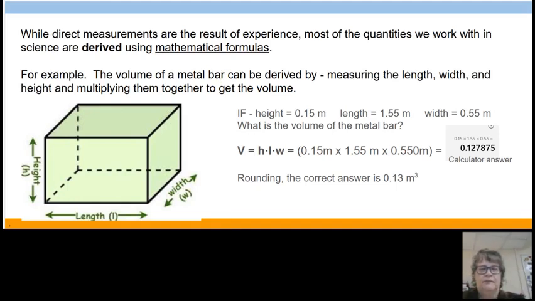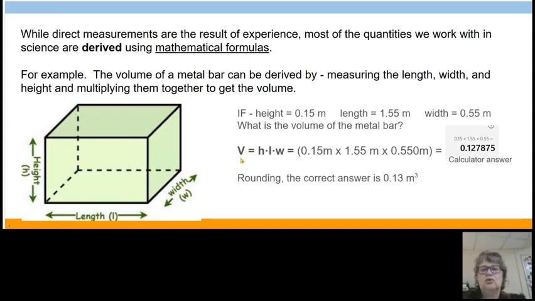If I have a bar that's made out of metal, and I want to find the volume of that bar, I can measure the length and the width and the height, but I have to multiply them together to get the volume. So let's say that my bar has a height of 0.15 meters. It has a length of 1.55 meters, and it has a width of 0.55 meters. What is the volume of the metal?